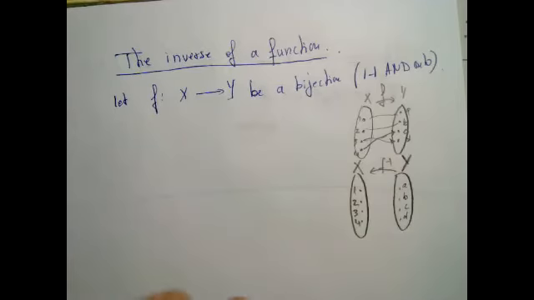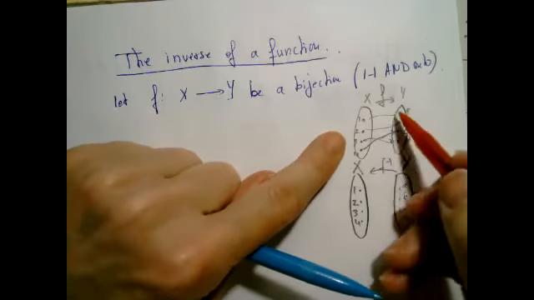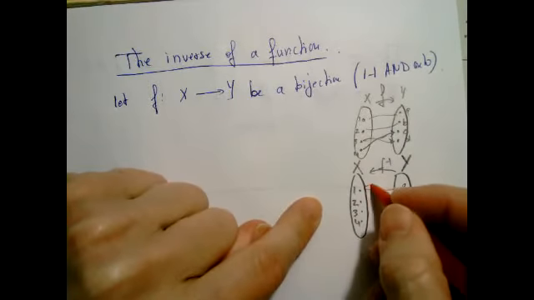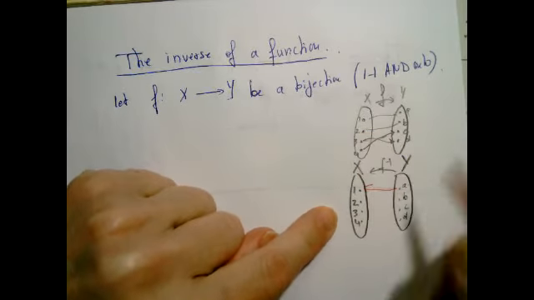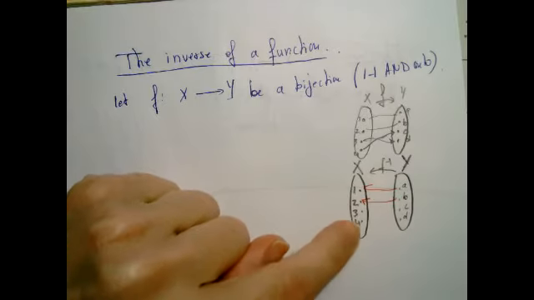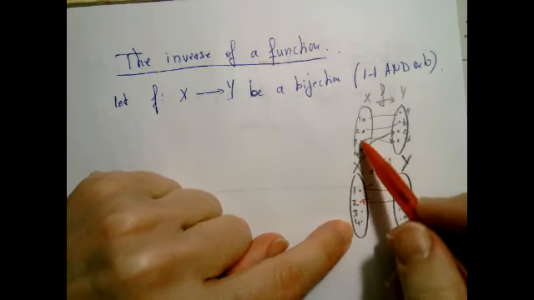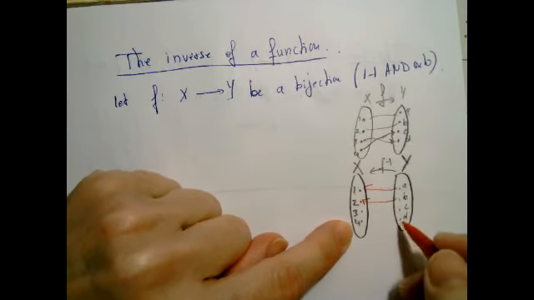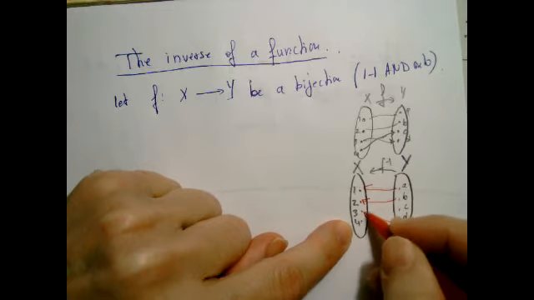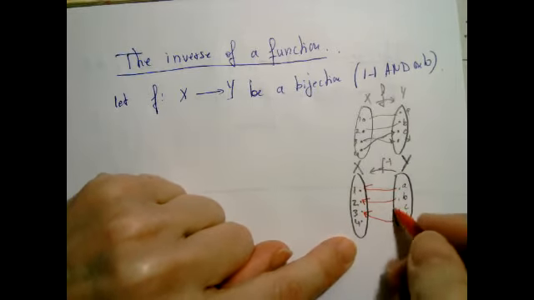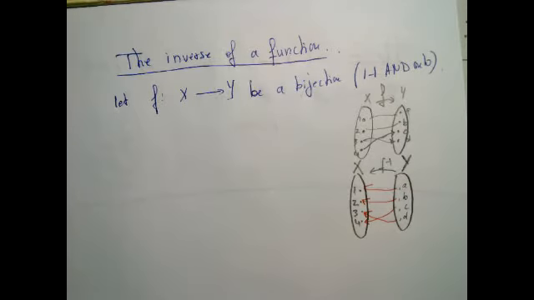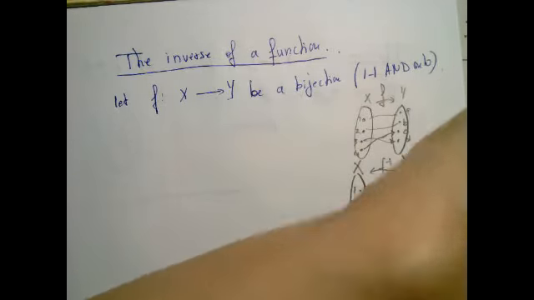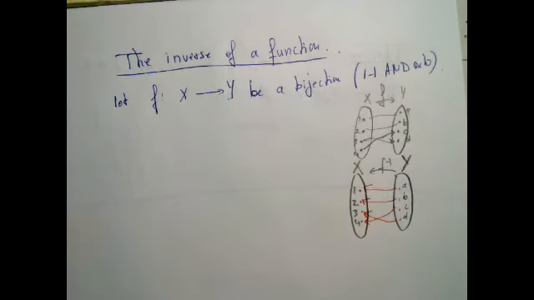F inverse is going to undo. So if F sends 1 to A, F inverse will take A back to where it comes from. If F sends 2 to B, F inverse again will send B to where it came from. F sends 3 to D, the F inverse will send D back to where it came from, and it sends C back to where it came from. It totally undoes whatever F is doing. So the outputs go back to their inputs.